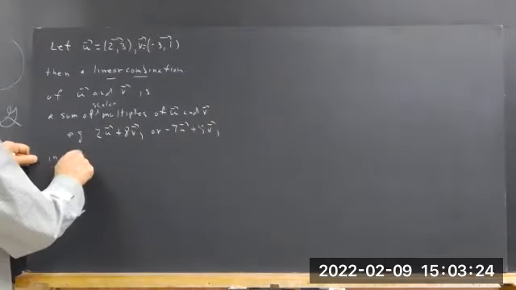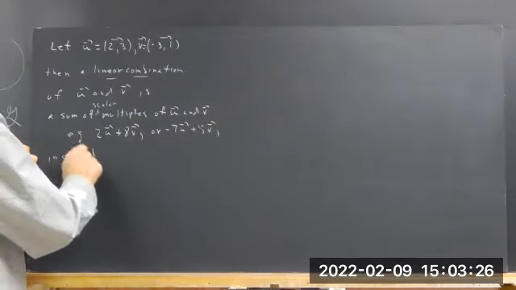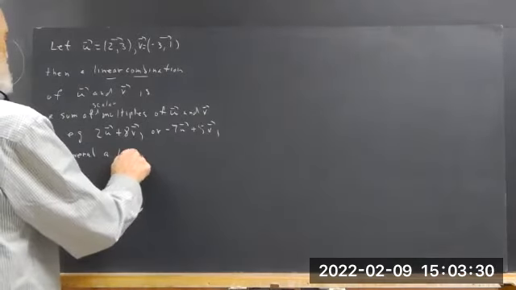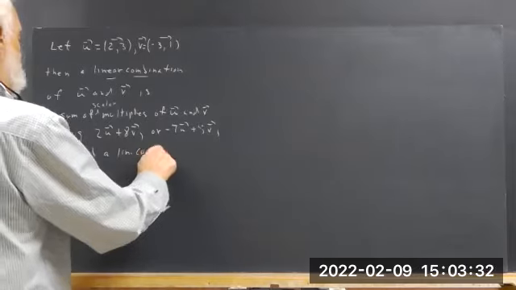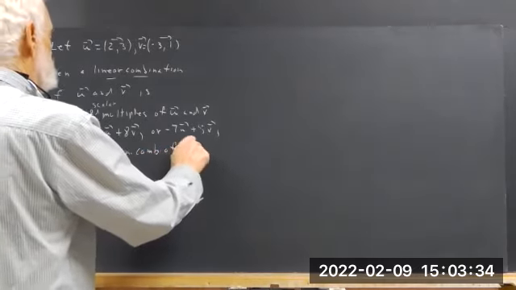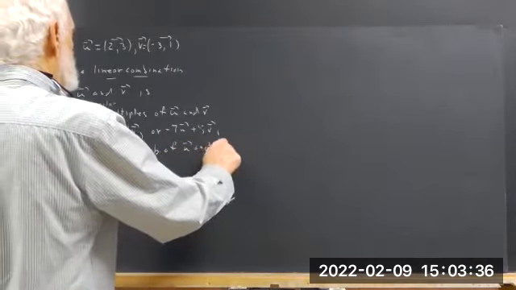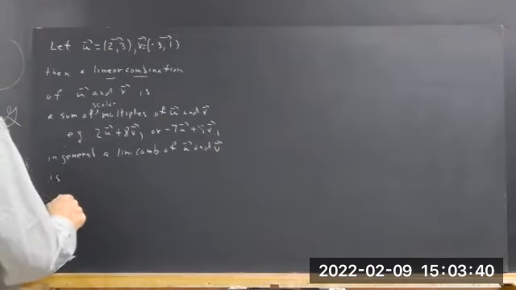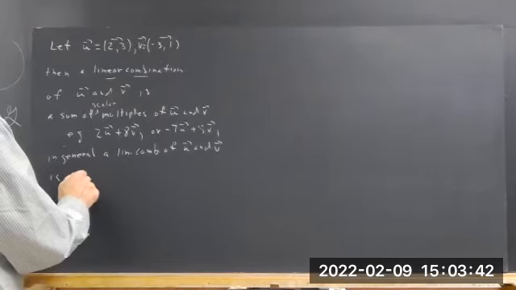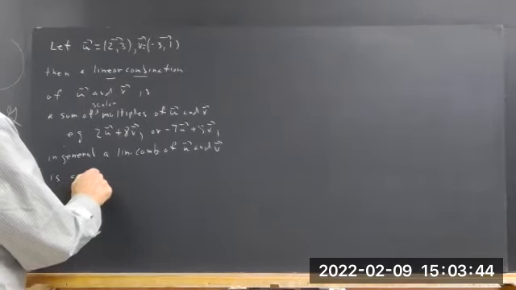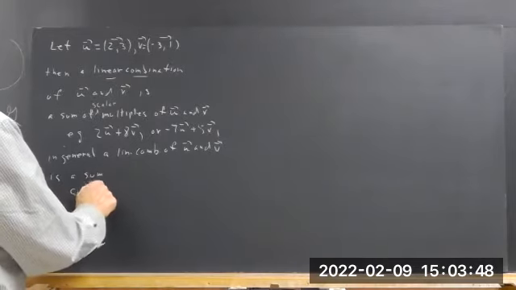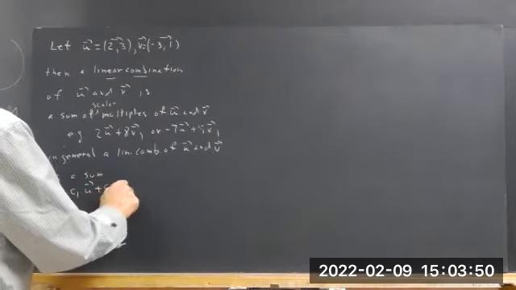In general, a linear combination of u and v is a sum C1u plus C2v.